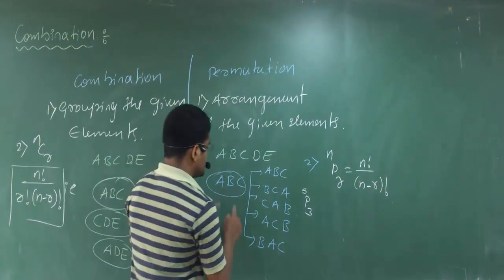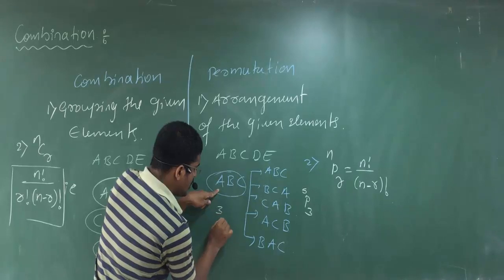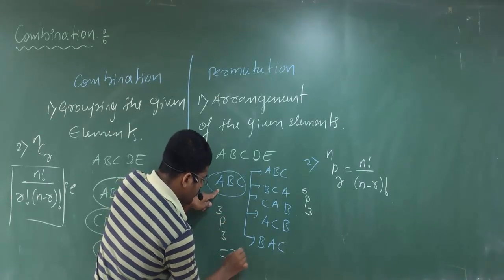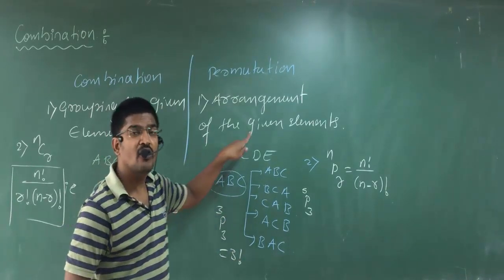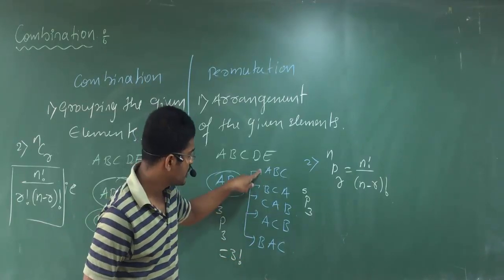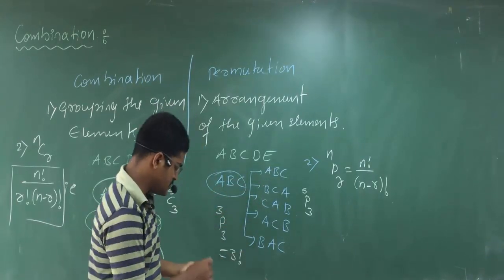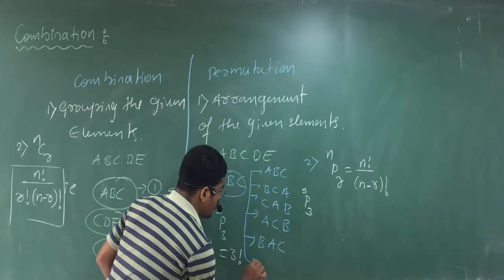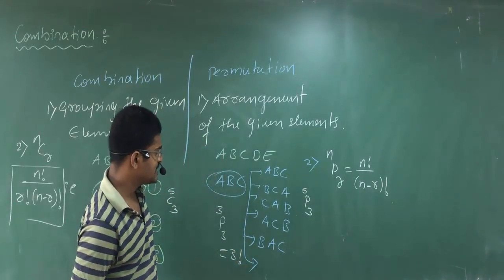For example, from these 3, I can make 3 factorial permutations. How many have I written here? 3 plus 5. So one more I can write. Let us see.